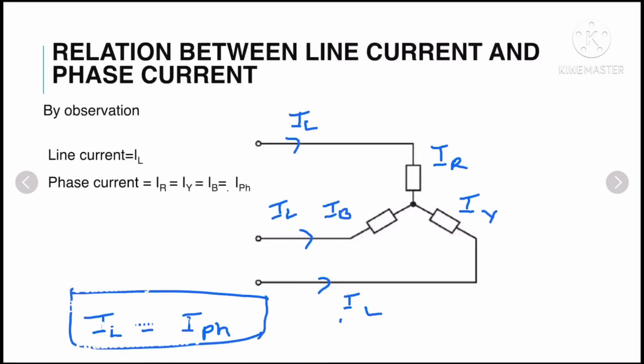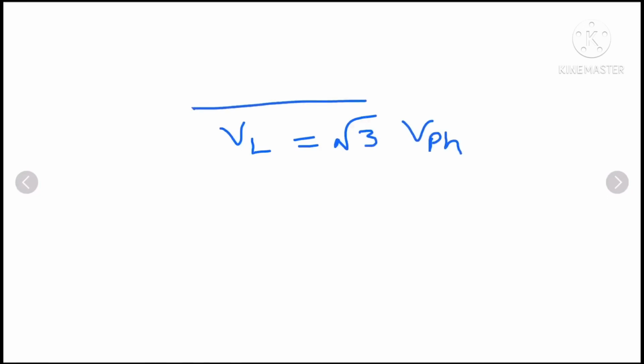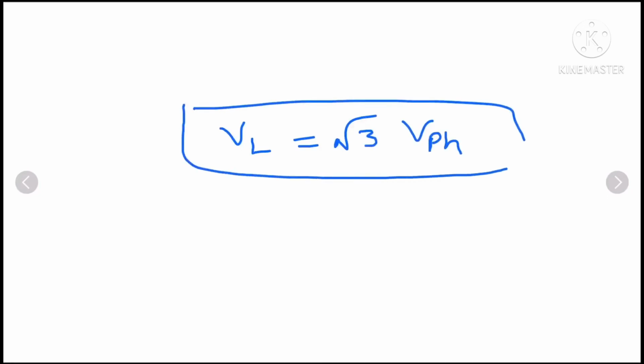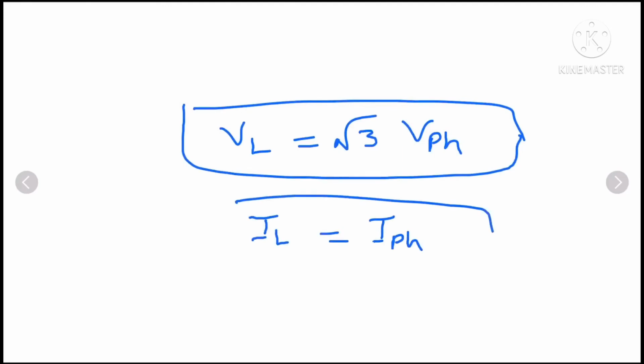So we can conclude finally: the voltage relation for star is VL equals root 3 into VPH, and IL equals IPH. So this is your final expected result. Thank you.